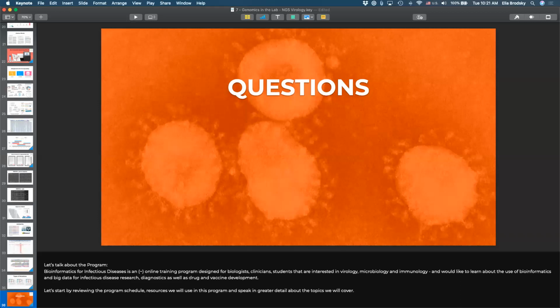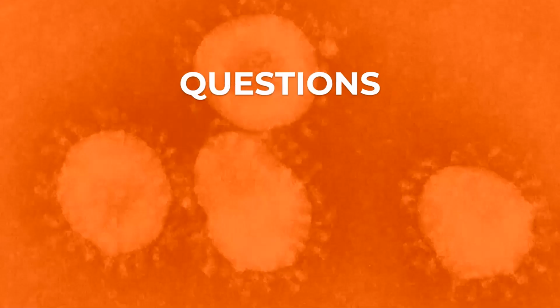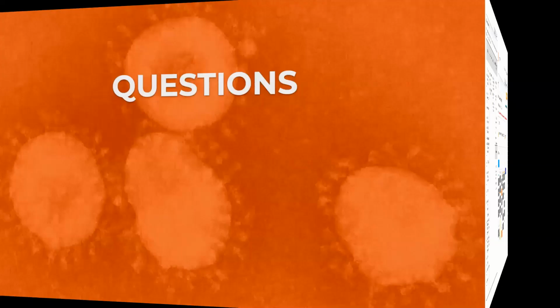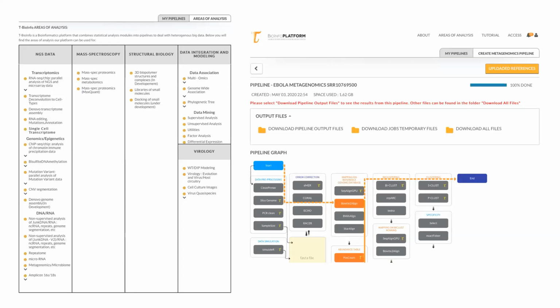Okay, so if there are no other questions, what do we do if we don't know what the actual genome is that we are sequencing? In another section, in metagenomics microbiome, we have an option to use, again, Bowtie, but instead of using an individual genome as a reference, we can use a whole database.